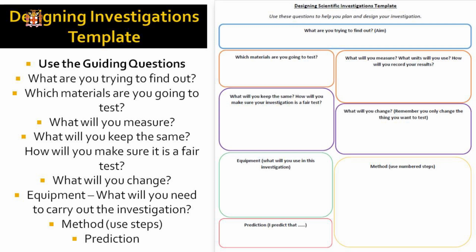What are the things that we're changing in the investigation? What are we measuring? What are we keeping the same? And of course, how will we carry that out? So all of that is shown, and we're going to be using that template to determine how our investigation will be sorted.